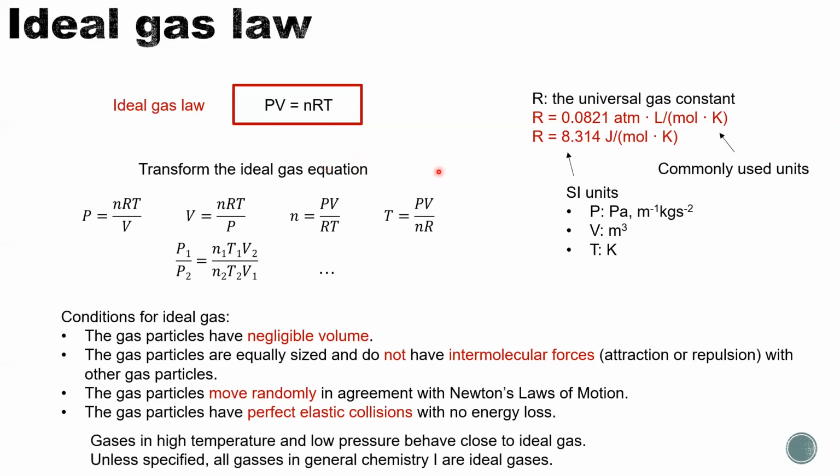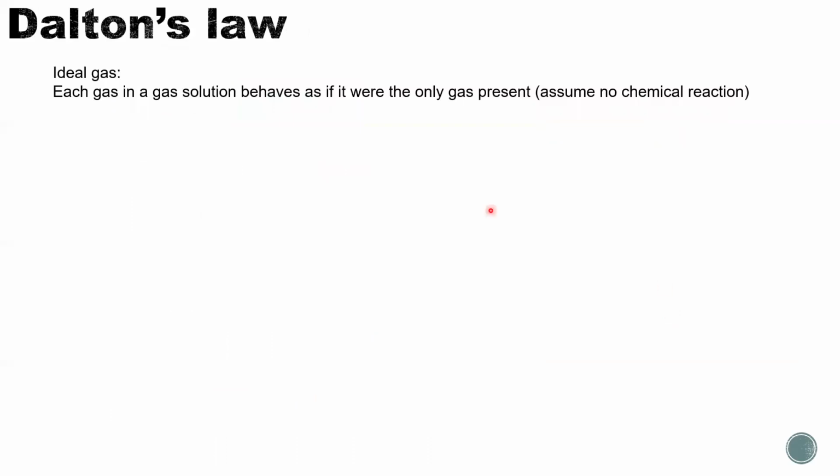We mentioned before that gas forms solutions. If we have different gases, we can have very nicely well-mixed gas solutions. And for ideal gas, if we have different gases together, we also have a gas solution, and each gas in the gas solution behaves as if it were the only gas present.